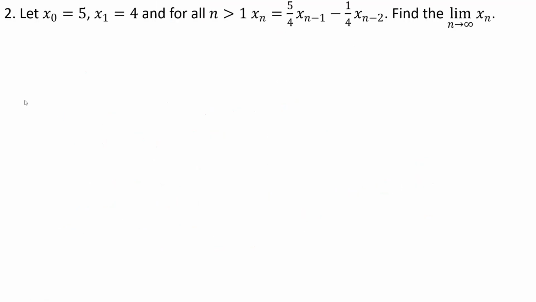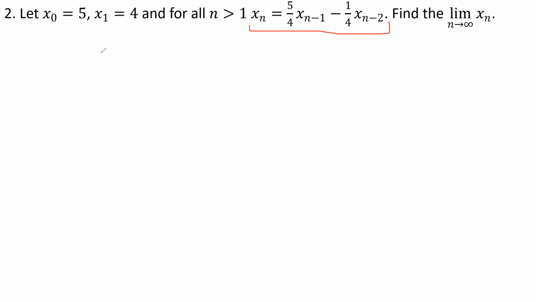To the second problem. So here in the second problem, we have a recurrent formula for xn, and we need to find the limit when n goes to infinity.